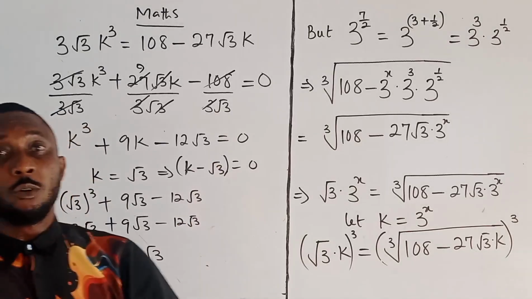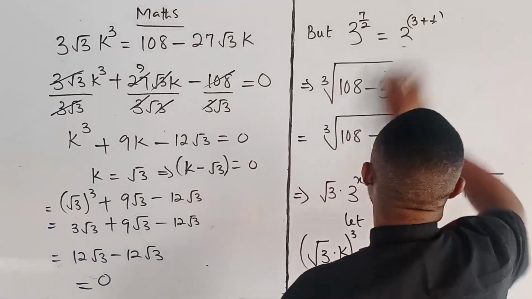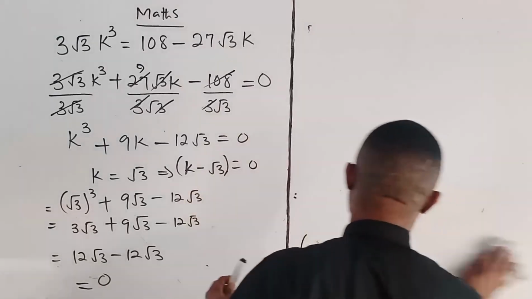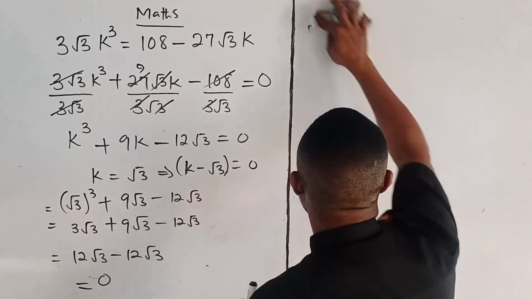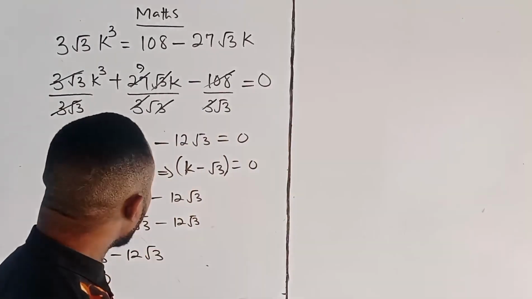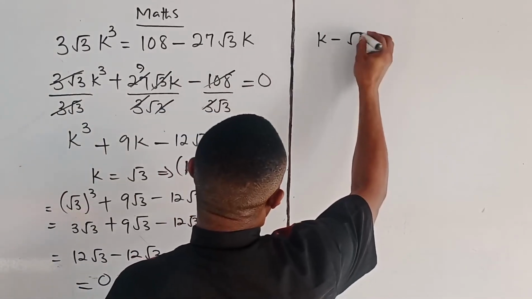Then I will go and use the long division. That's actually the most suitable for this division. I'm going to use long division for polynomials, something I seldom do because of synthetic division and factorization. So we have k minus rad 3.